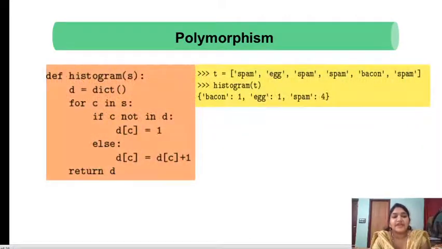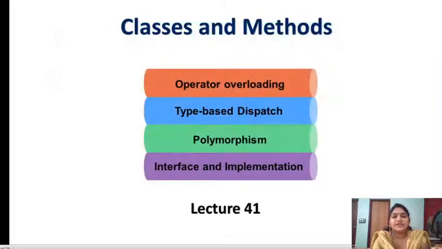Take histogram as a function: d = dict(), for c in s: if c not in d, d[c] = 1, else d[c] = d[c] + 1, return d. Then t = ['spam', 'egg', 'spam', 'spam', 'bacon', 'spam']. If you take these tuple values, histogram(t) gives bacon 1, egg 1, spam 4. So this is polymorphism.